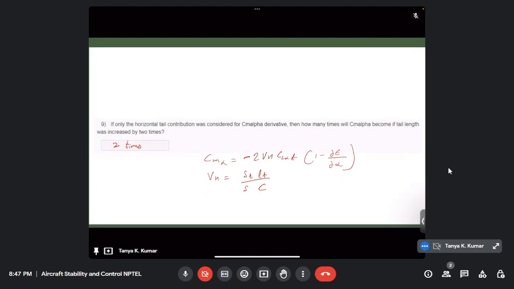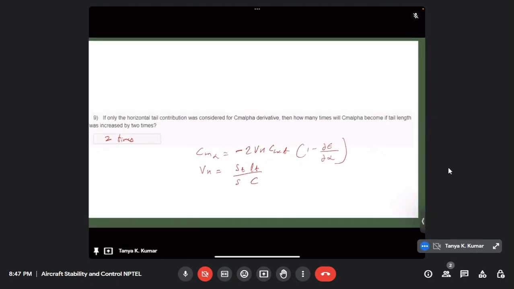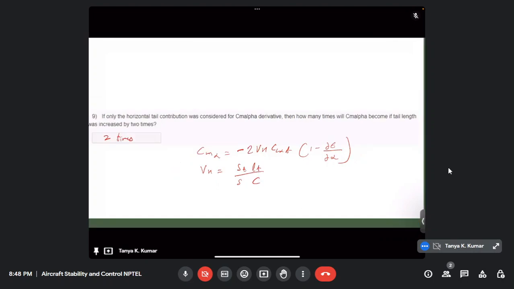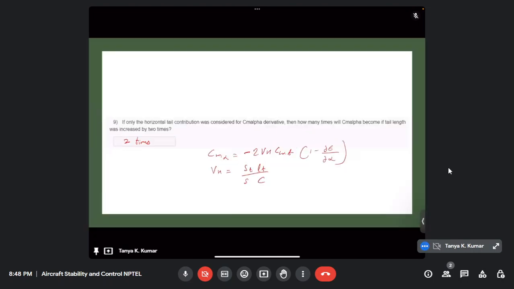Do you understand? Okay. So ST is the length of the tail, span of the tail, correct? If I make that twice, Cm alpha will also become twice, correct? If I don't have wing contribution, they have mentioned that the horizontal tail contribution is the only thing that's considered, correct? So if I double the ST, my Cm alpha also becomes double.